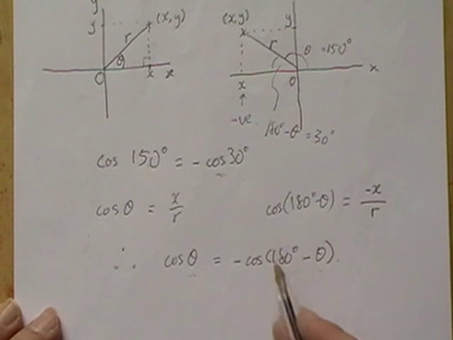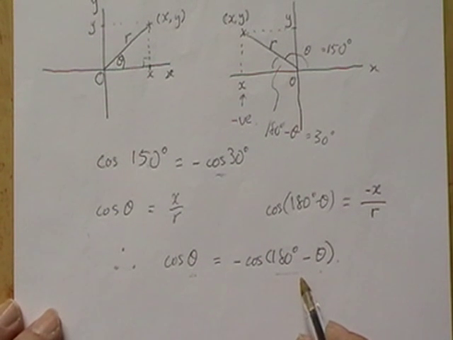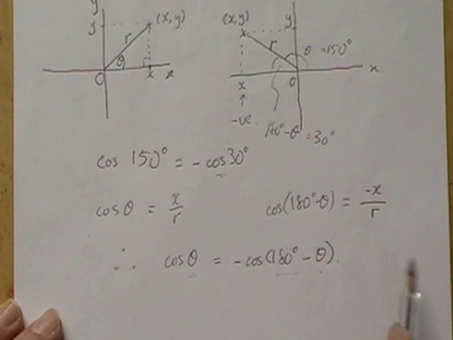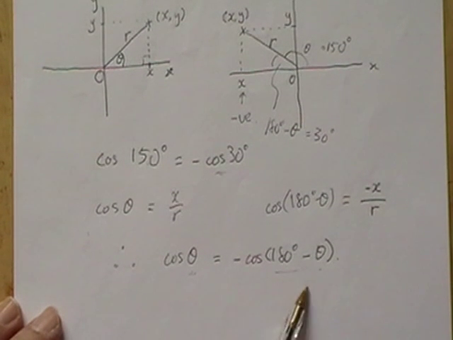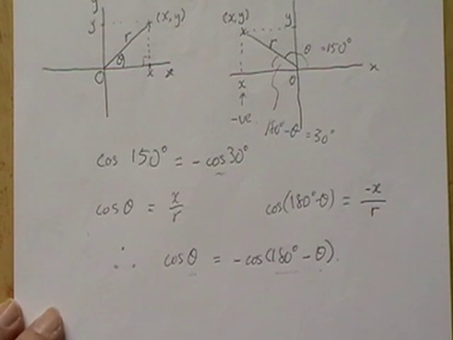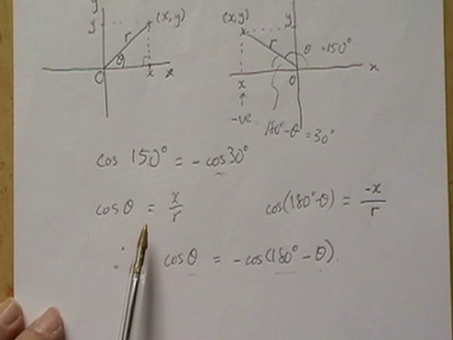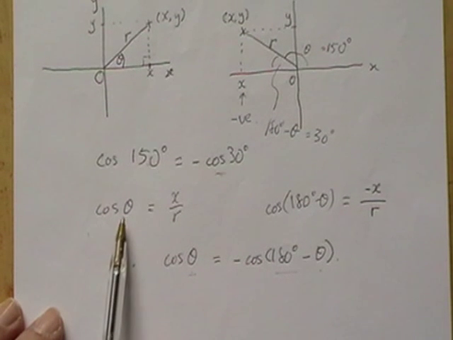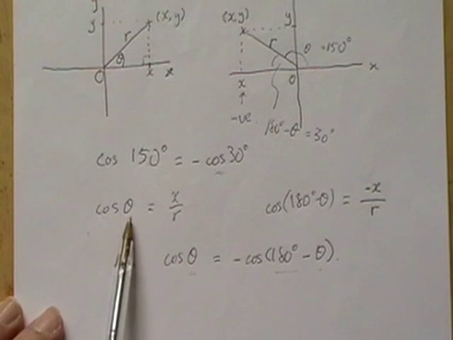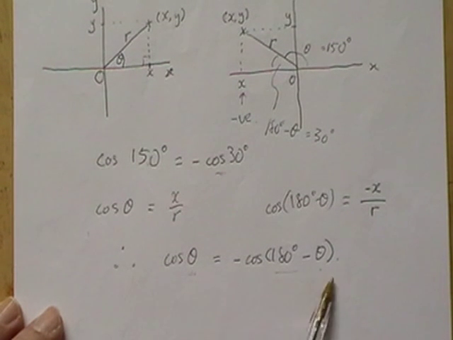This would now be more than 90 degrees. So therefore, the two would still be related by the minus sign. So although we have derived this formula assuming that theta is obtuse, we find that this formula can actually be used for any angle.